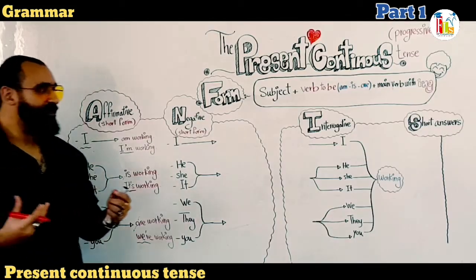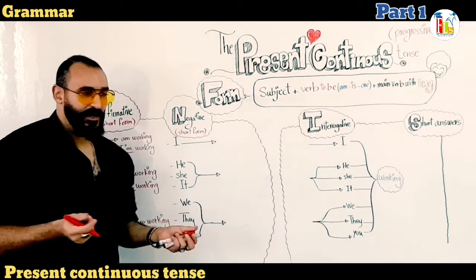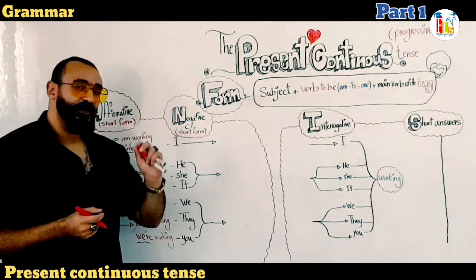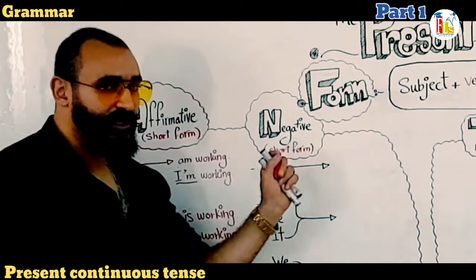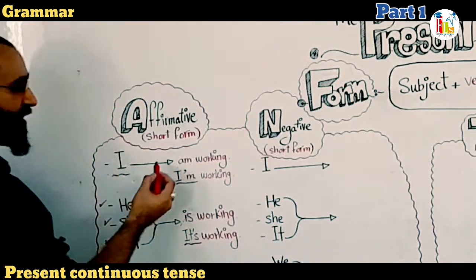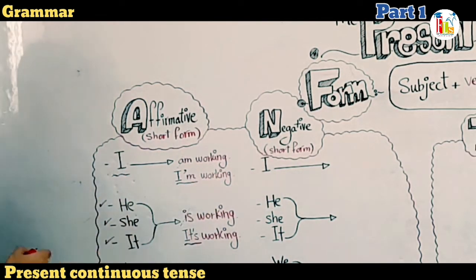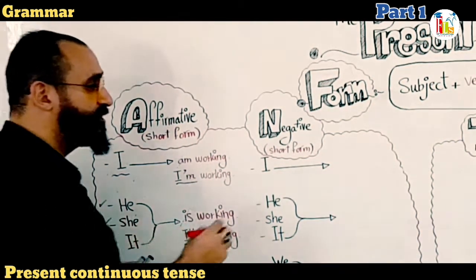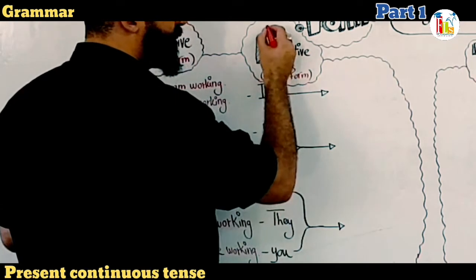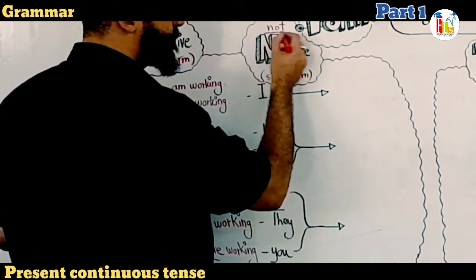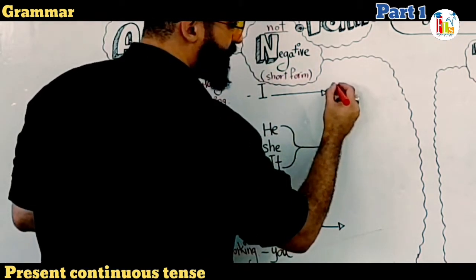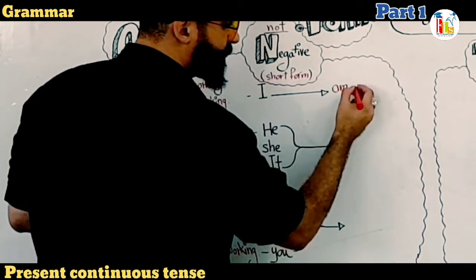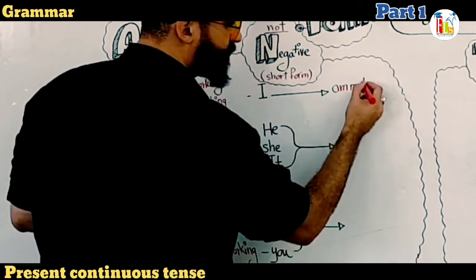So if I want to say that I am not doing something right now, what form shall I use? I will go for the negative form. So if I'm saying I am working, and I want to say I am not, we can do the negative form by adding not. So it's going to be am not.